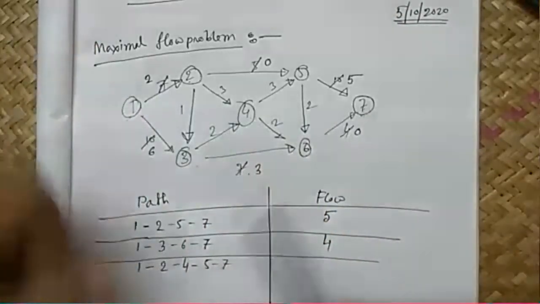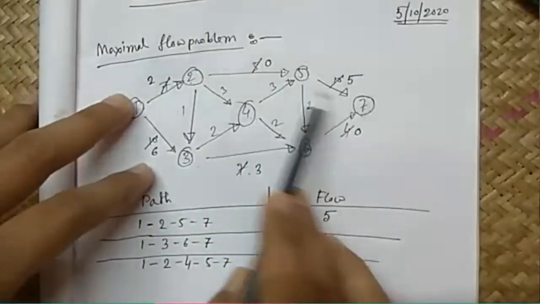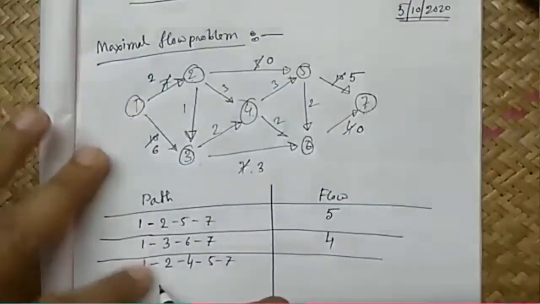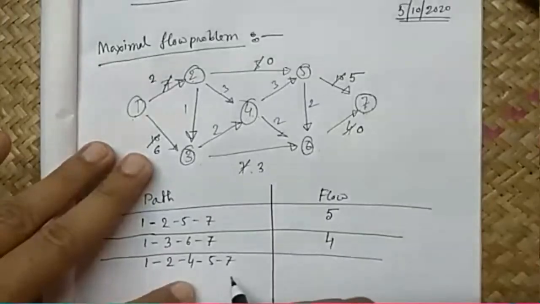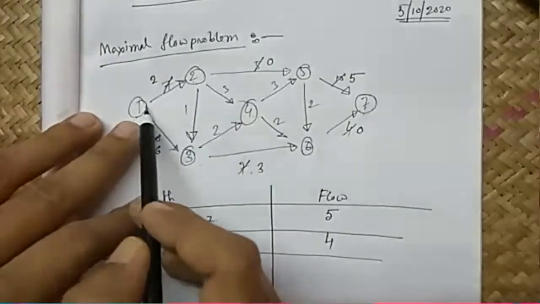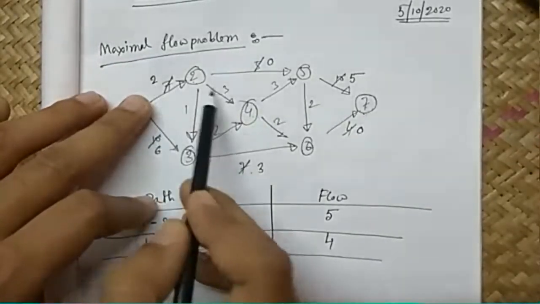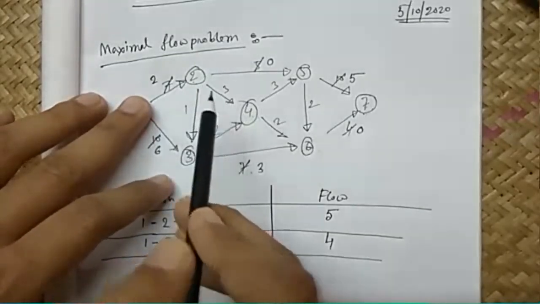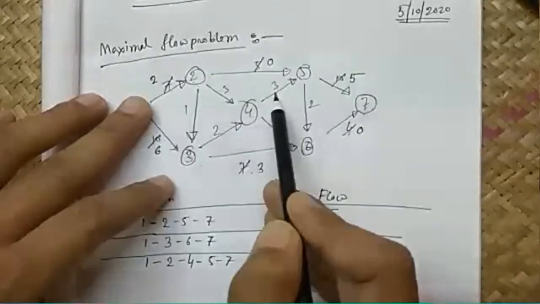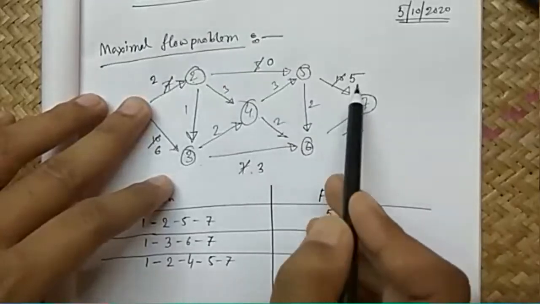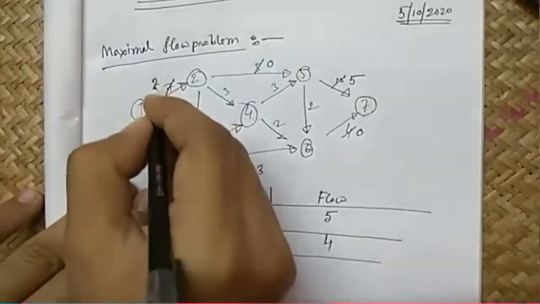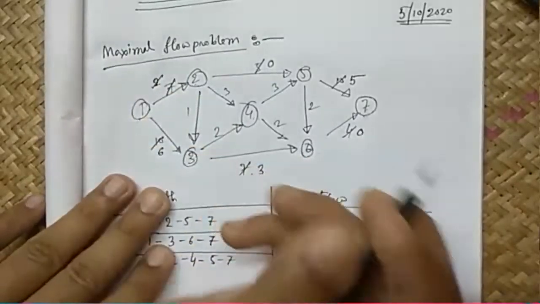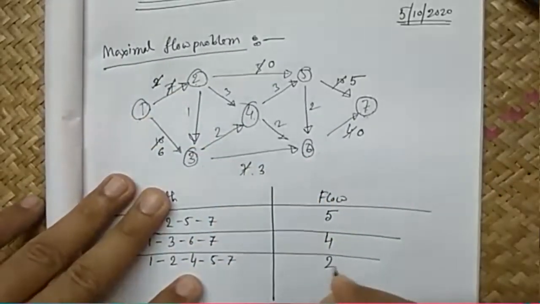That's why we will choose all the paths now connecting the 5, 7. So if 1, 2, 4, 5, 7 is selected, we take that 1 2 having capacity 2, 2 4 capacity 3, 4 5 capacity 3, and 5 7 capacity 5. So the minimum of them is 2. Okay, so now we can send out only the flow 2.